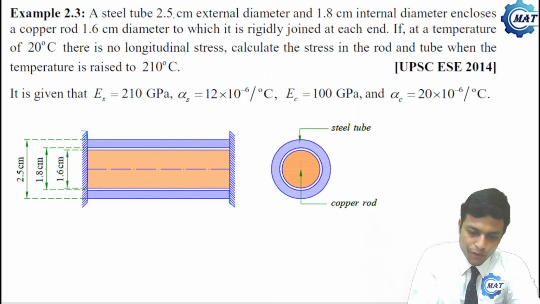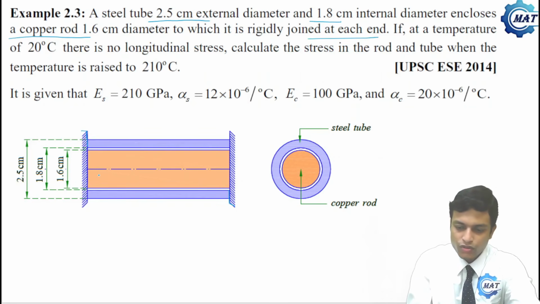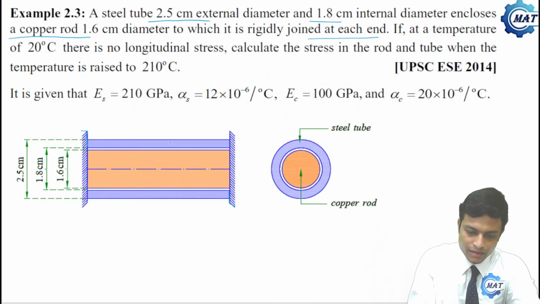A steel tube 2.5 centimeter external diameter and 1.8 centimeter internal diameter encloses a copper rod of 1.6 centimeter diameter to which it is rigidly joined at each end. This figure shows the schematic: this is the steel tube, and this is the copper rod.